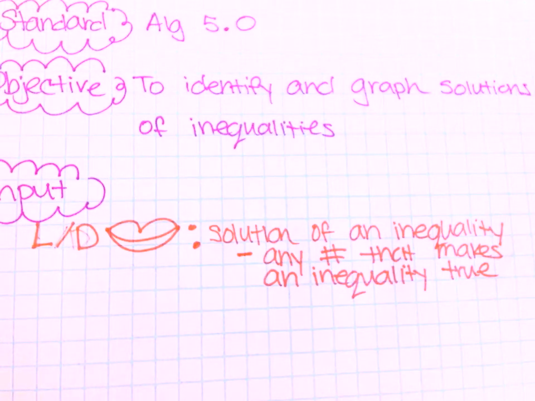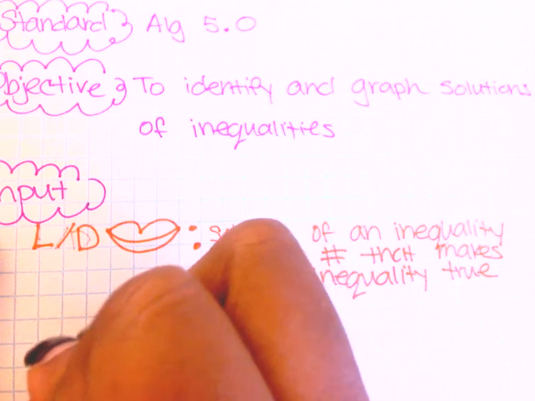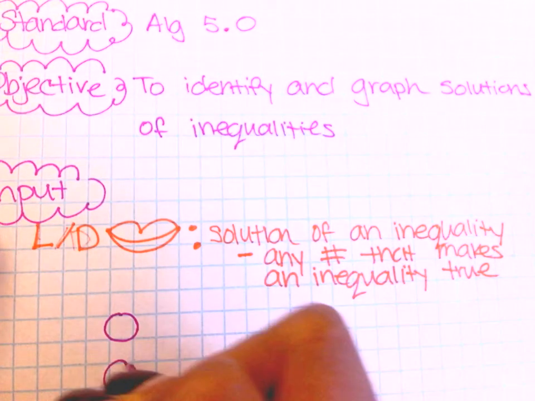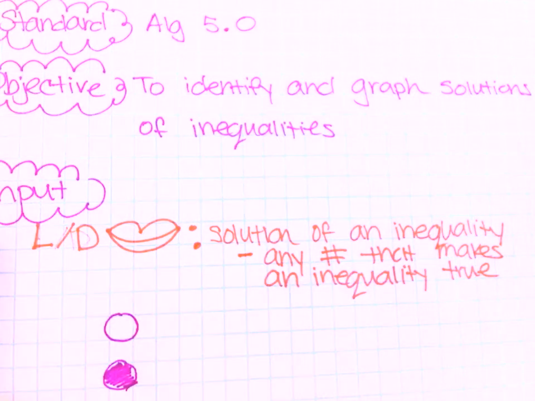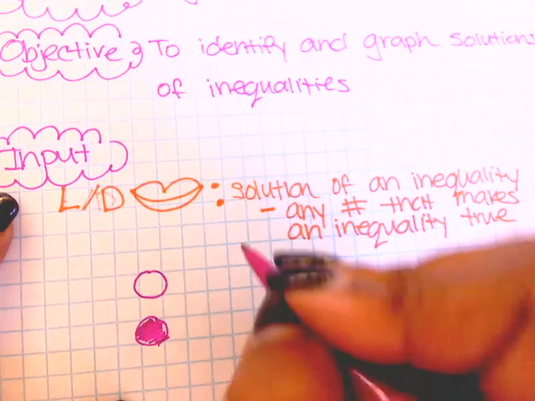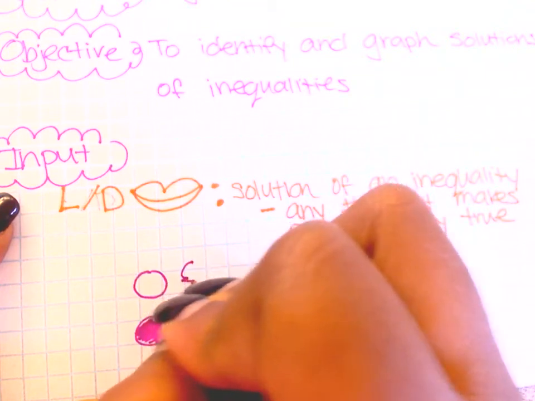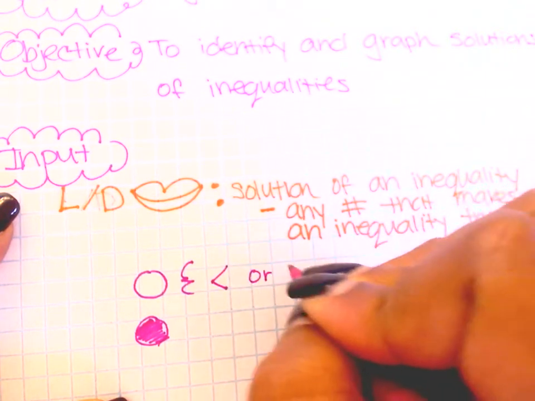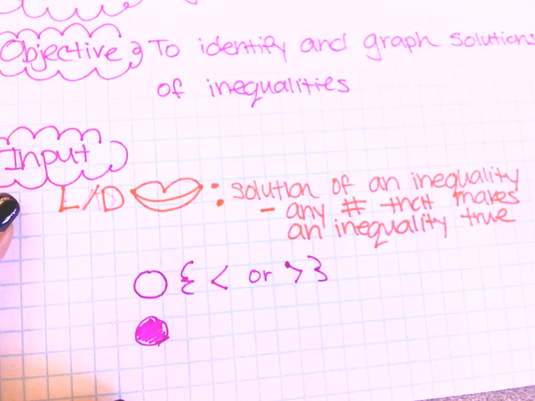So you will also have to know the difference between an open circle and a shaded closed circle. An open circle is going to mean that something is greater than or less than.